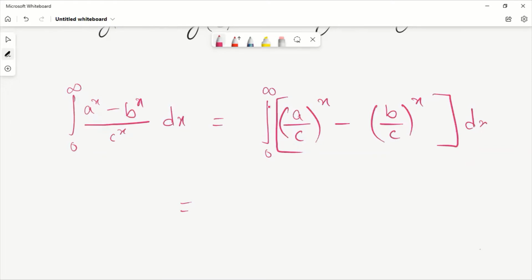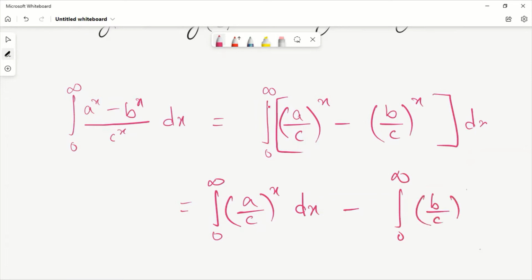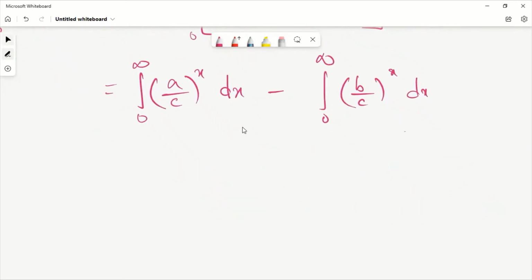After integrating, I will write it separately, or else unnecessary doubts will arise. Integral 0 to infinity of (a by c) whole power x dx minus integral 0 to infinity of (b by c) whole power x dx. Ready?